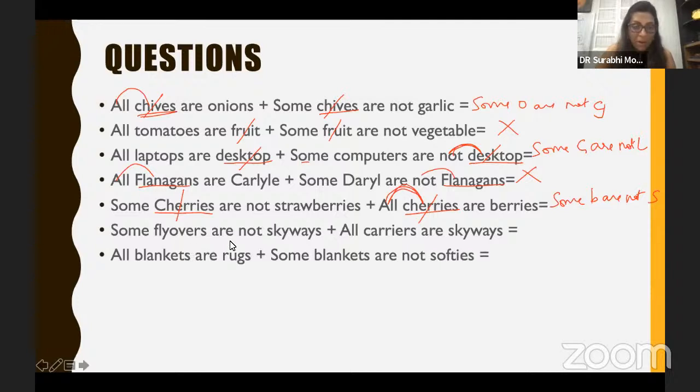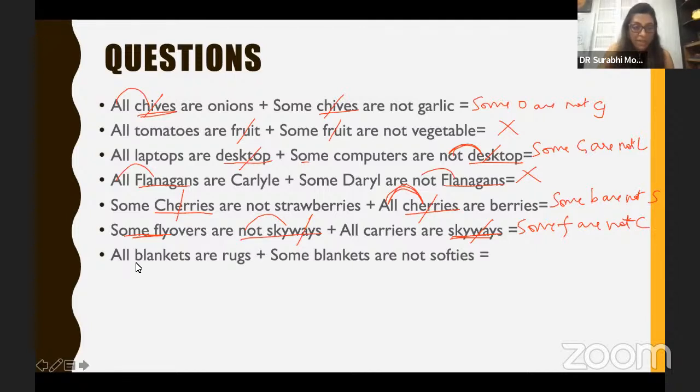Then my middle term is skyways. It is distributed. It is written with not. My answer will be some flyovers. No, Nandini, the answer is incorrect. Some remains some, right? Some flyovers are not. All carriers becomes not carriers, isn't it?